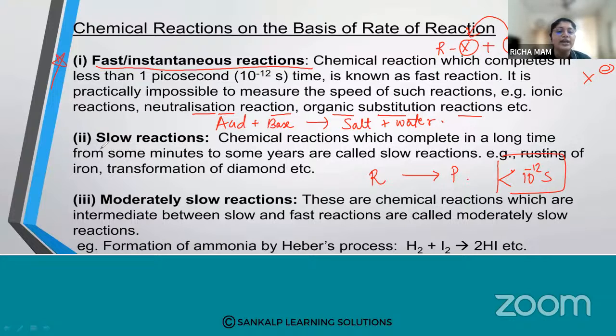Next is the slow reaction. Slow reaction means the reactants react to form the products, but the reaction takes a very long time to complete, from some minutes to maybe some years.